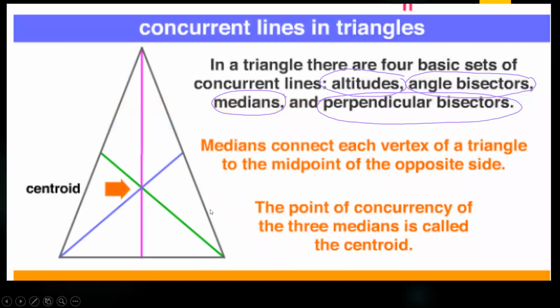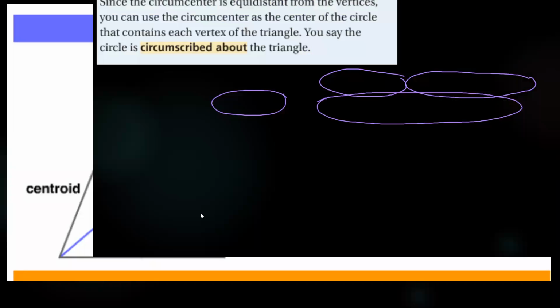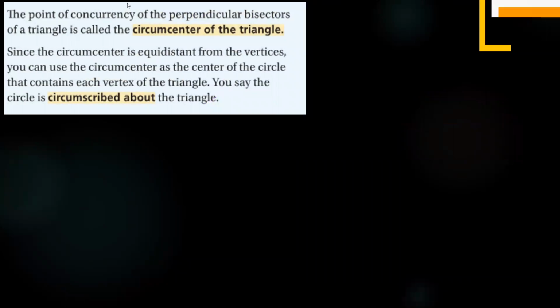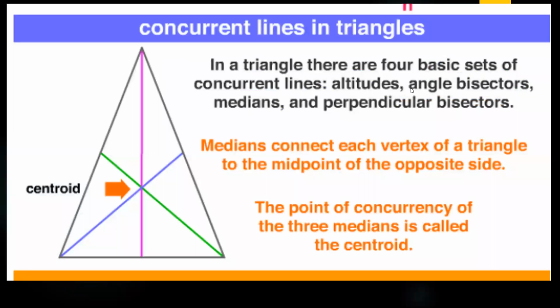And the concurrent lines in the triangle have four basic sets: medians, altitudes, angle bisectors, and perpendicular bisectors. In this lesson, we are going to talk about two of them, angle bisector and perpendicular bisector. In lesson 4, we will talk about altitudes and medians.